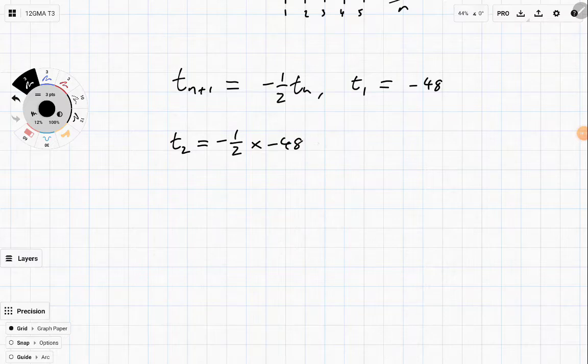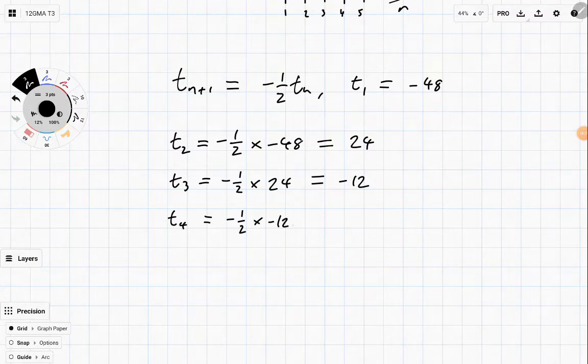Negative times negative is positive, and we get 24. T3, negative a half times 24, negative 12. T4, negative a half times negative 12, 6. And T5 is going to be negative a half times 6 equals negative 3.